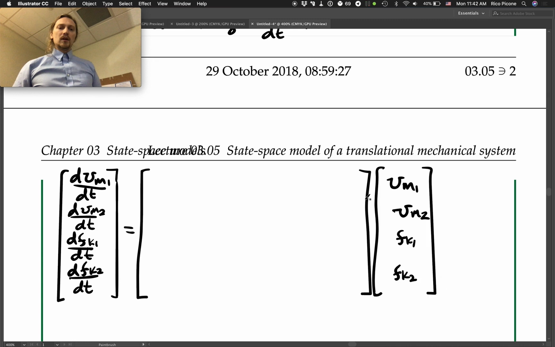I don't know why I made that so big. And it has to return a 4 vector, so it has to be a 4 by 4. Plus the C matrix, which has to be a 4 by whatever number of inputs, right? So one input, so 4 by 1.